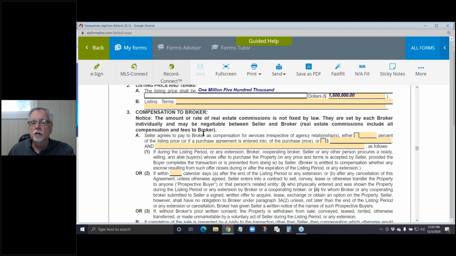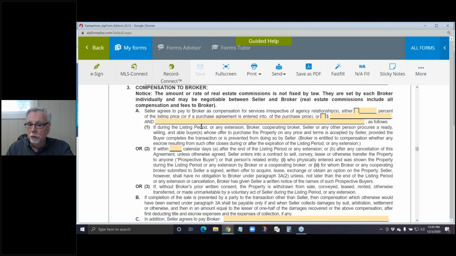If these words, "notice: the amount or rate of real estate commission is not fixed by law," are not in a form, then there's no enforceable agreement to pay a real estate agent a commission in California. I'm just saying. Now, there are other forms about commission agreements, which I talk about in other classes, but we're going to stick to this one.